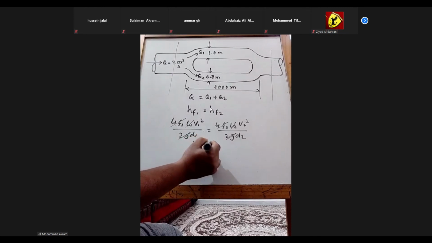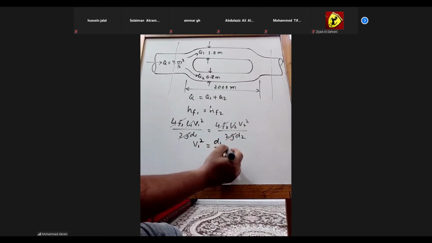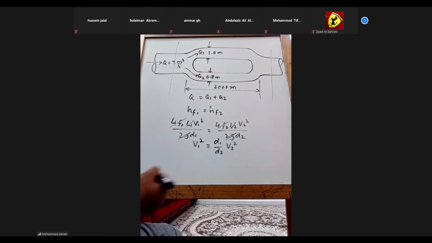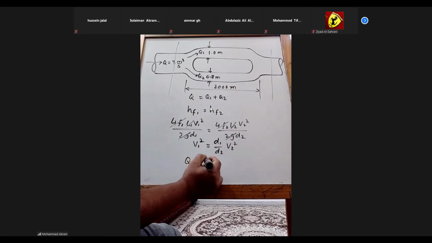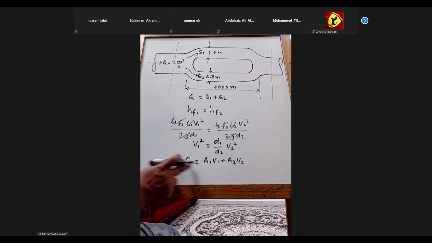V1 square D1 is equal to V2 square D2, right? Yes. We also know that Q is equal to A1 V1 plus A2 V2, because total Q is A1 V1 plus A2 V2.